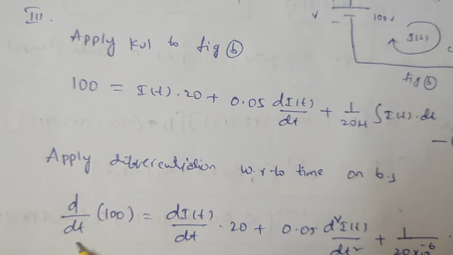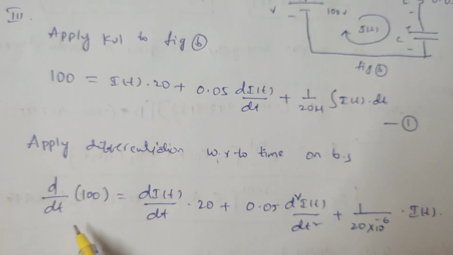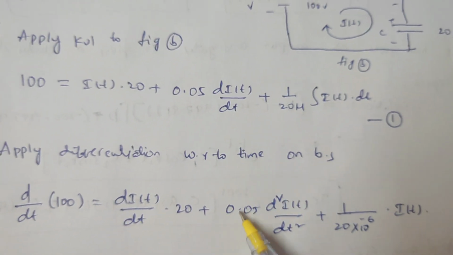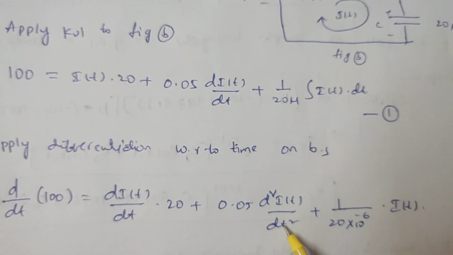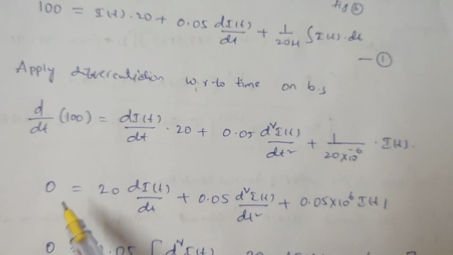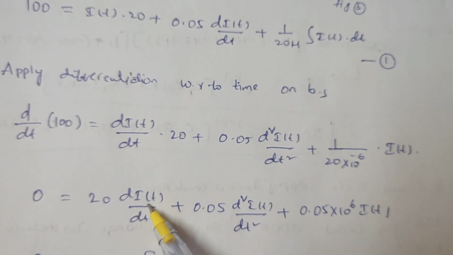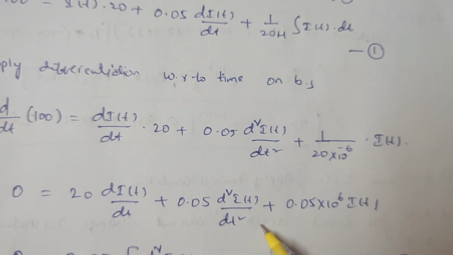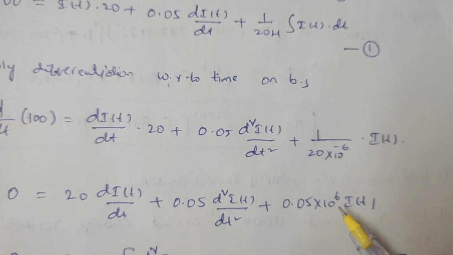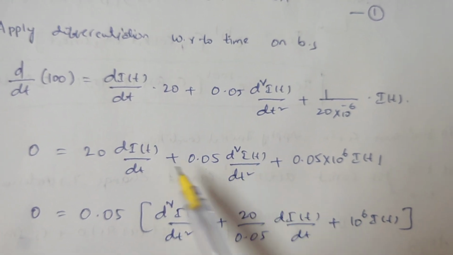We know that the differentiation of a constant term gives 0. So the differentiation of the constant 100 is 0, and we get 20 into di(t) by dt plus 0.05 into d square i(t) by dt square plus 1 by 20 micro times i(t). Simplifying, 1 by 20 micro becomes 0.05 into 10 power 6, that is, mega, times i(t). So here we are getting a second order differential equation.